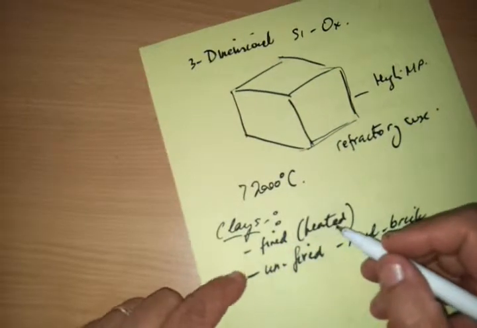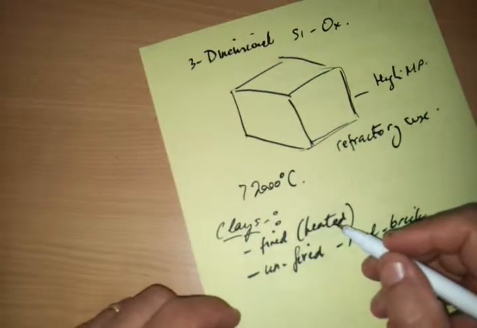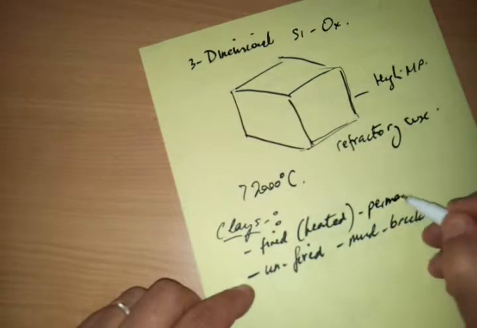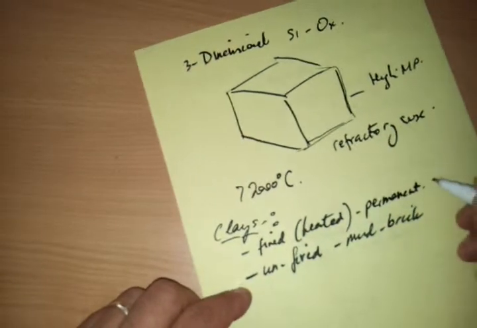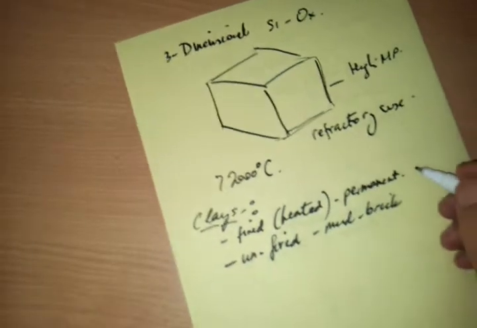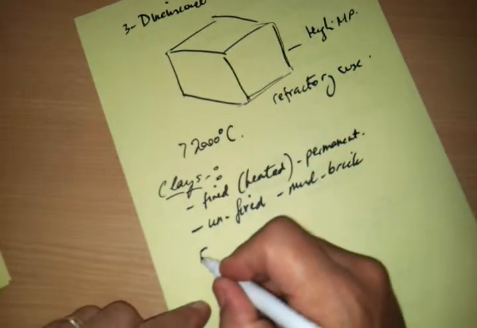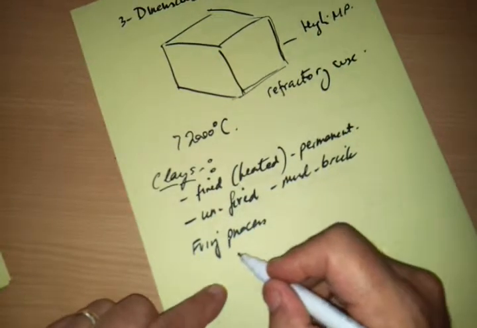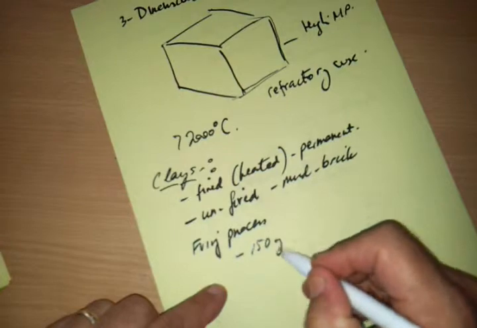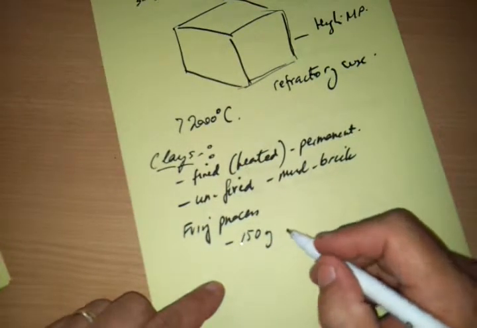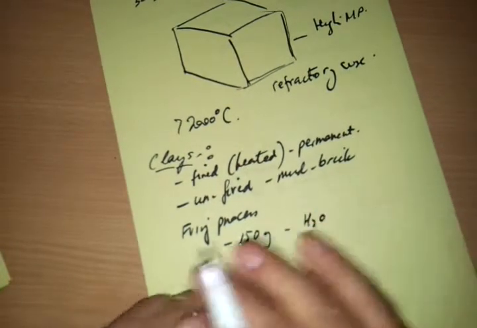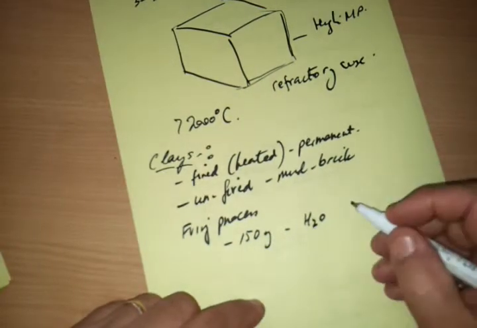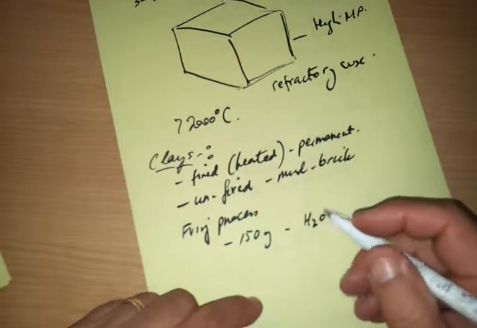But fired bricks were also used in ancient times, when furnaces were available, and permanent change took place in the structure of the clay when it was fired. Now, the firing process: up to around 150 degrees Celsius, all the water between each of the plates of silicon and metal oxides would be evaporated and it would become quite hard.